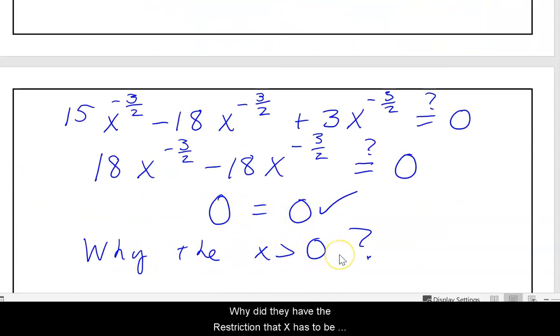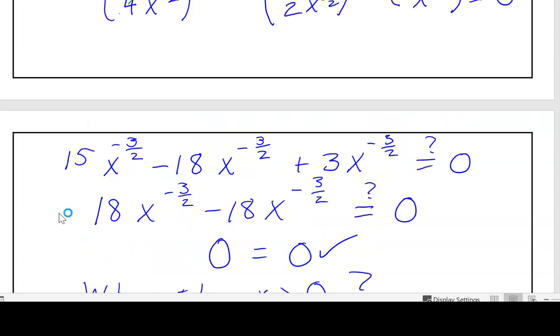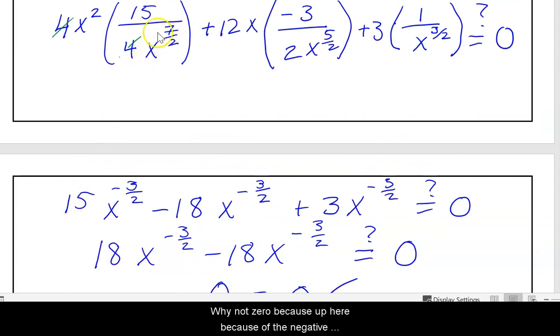Now, why did they have the restriction that x has to be strictly positive? Two reasons. First, we'll deal with x not 0, and then we'll deal with x not negative. Why not 0? Because up here, because of the negative exponent, you can see that you definitely have the variable in the denominator, and thou shalt not divide by 0. Therefore, x cannot be 0.